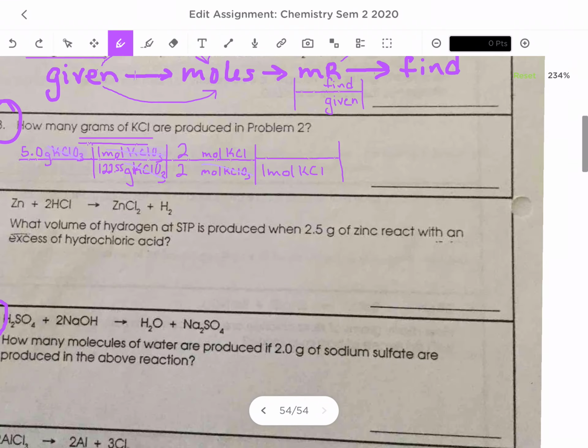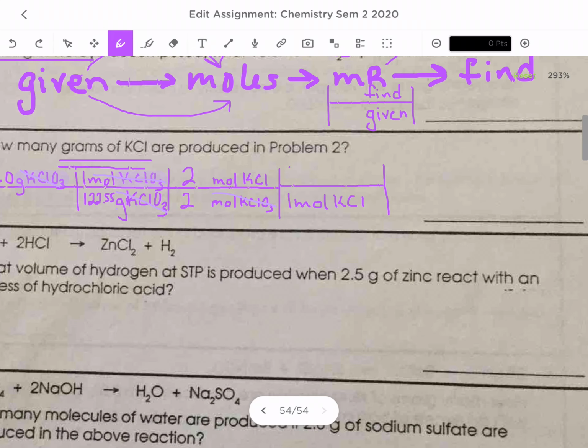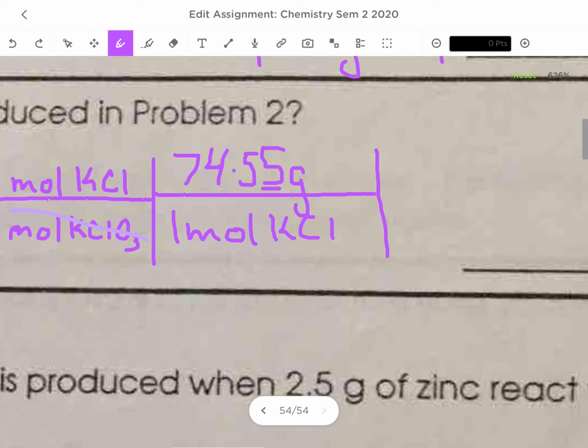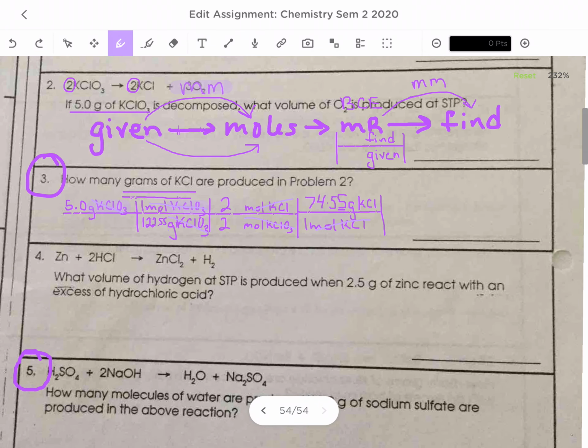So that's what goes here, 74.55 grams of KCl. Now I'm going to cancel out my units, cancel, cancel, and I am in grams of KCl.